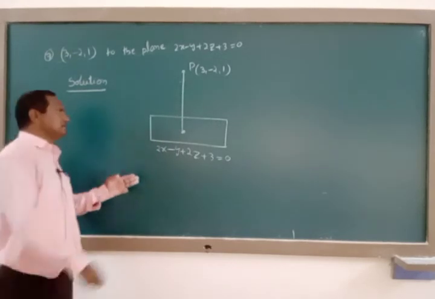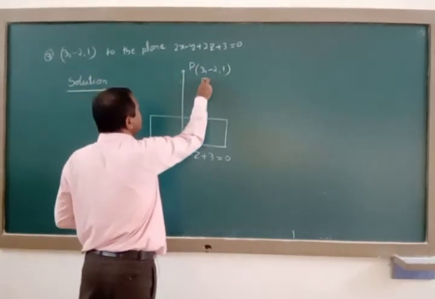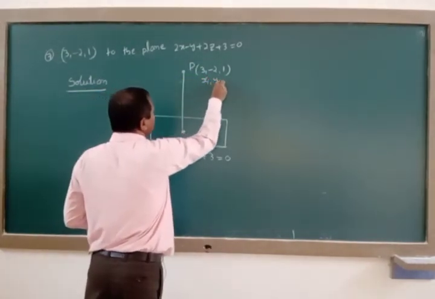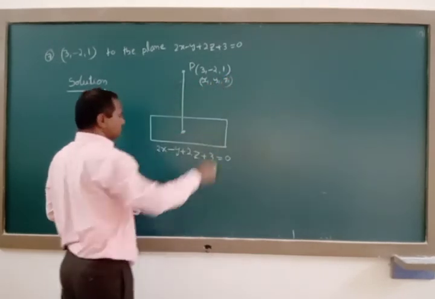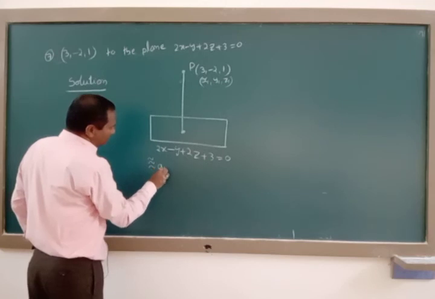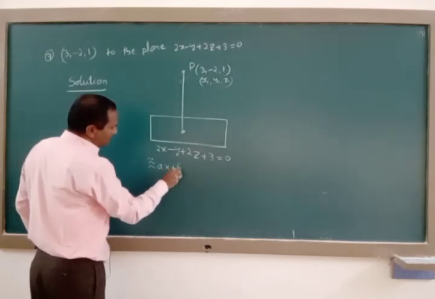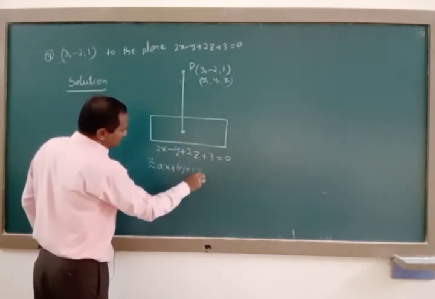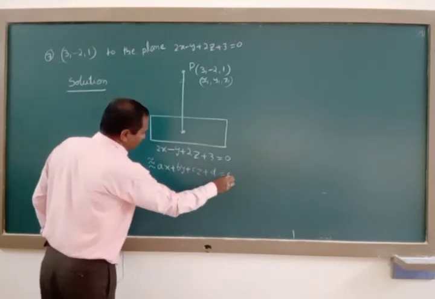Next, we consider the coordinates of P as x1 comma y1 comma z1, and compare this plane with the general form of the equation of a plane, that is ax plus by plus cz plus d is equal to 0.